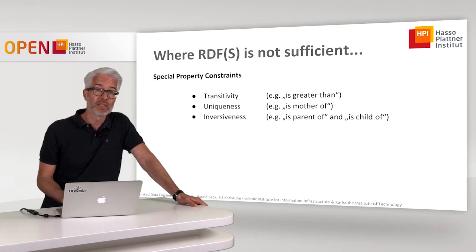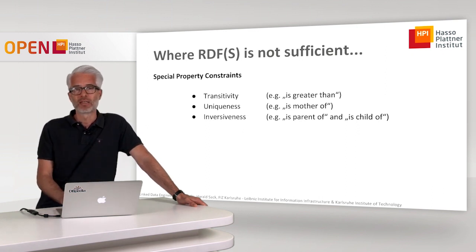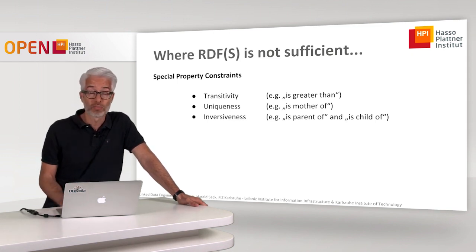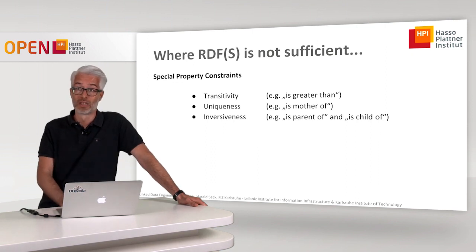It's the same with uniqueness, that you say, okay, everybody usually only has one mother, and the mother is unique, which means this is kind of a functional property. This is also not possible to define.